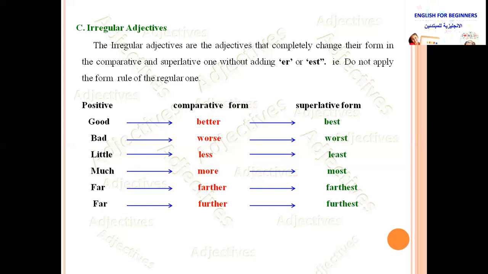Superlative, worst. Little, in the comparative, less. In the superlative, least. Much, in the comparative, more. Superlative is the most. Far, comparative form, further. In the superlative form, furthest. The second form, in the comparative, is further, and the superlative form, furthest.